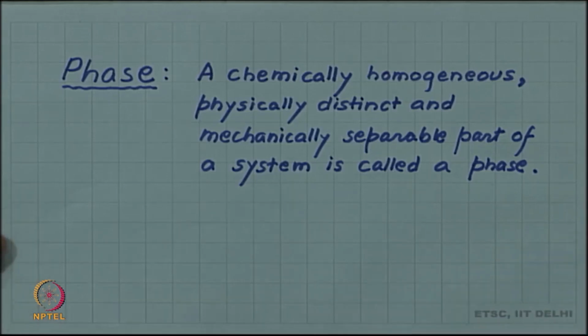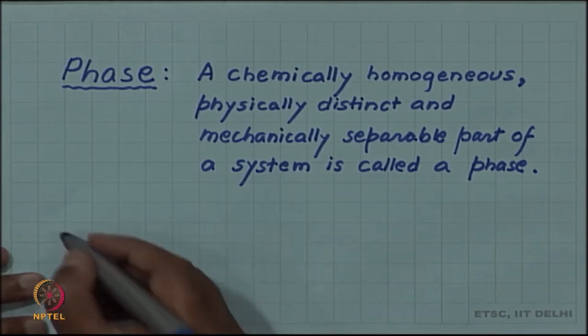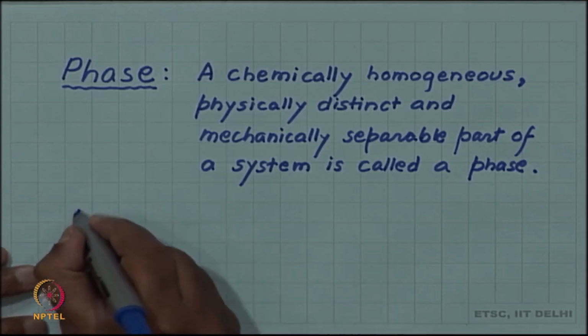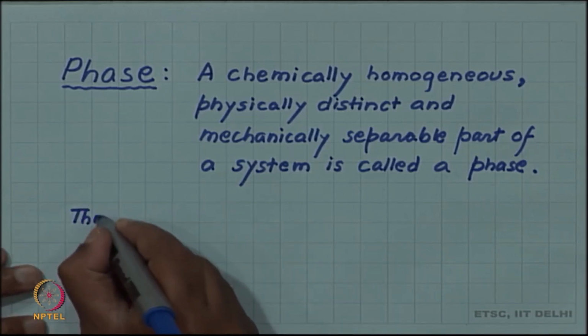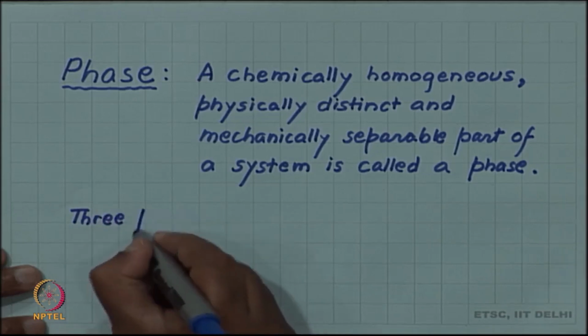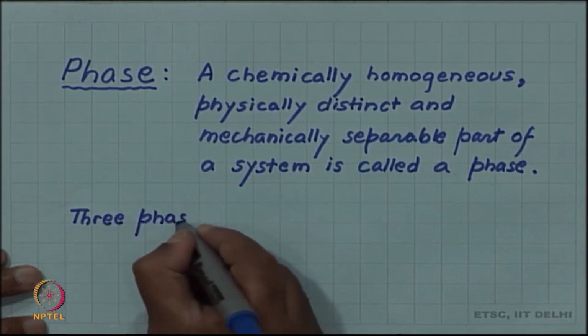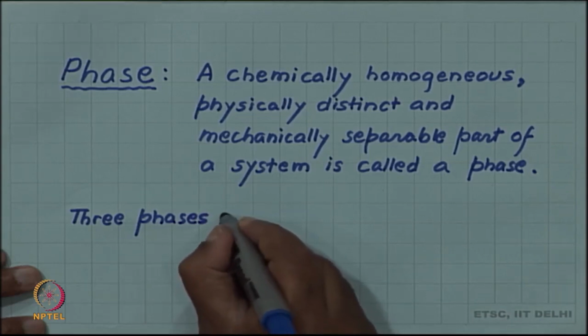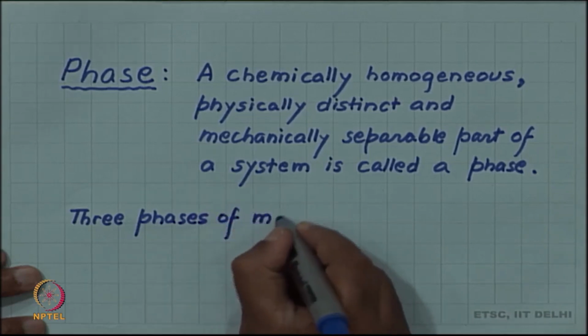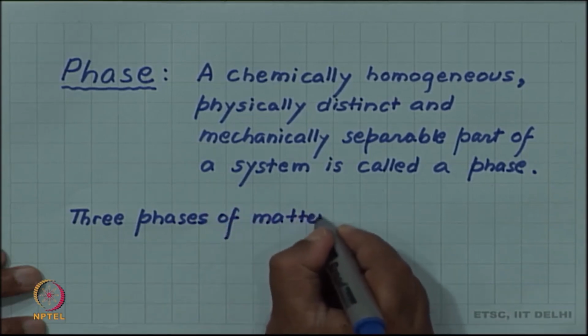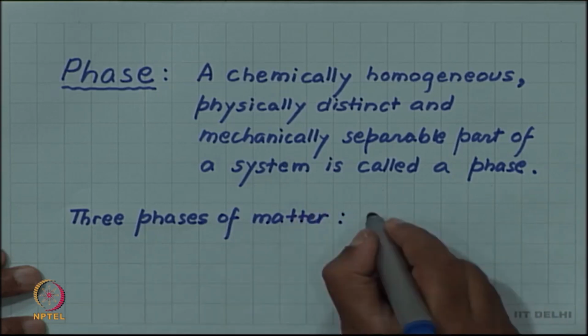So, you have already seen or we know that there are three phases of matter. Three phases. So, they can occur in our phase diagram.